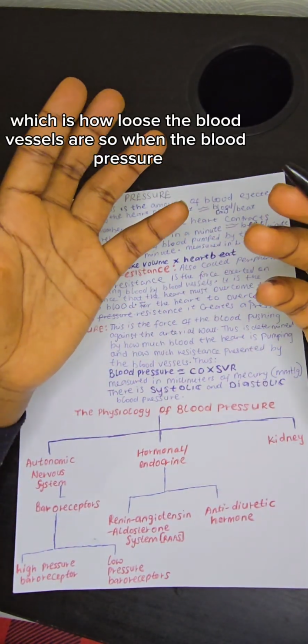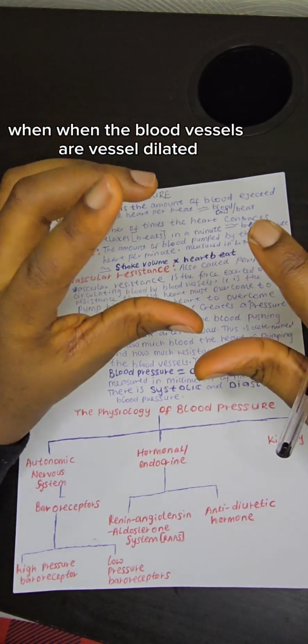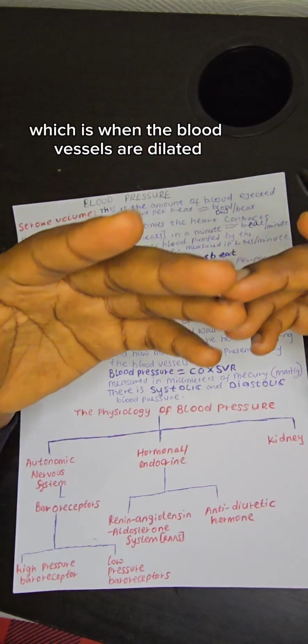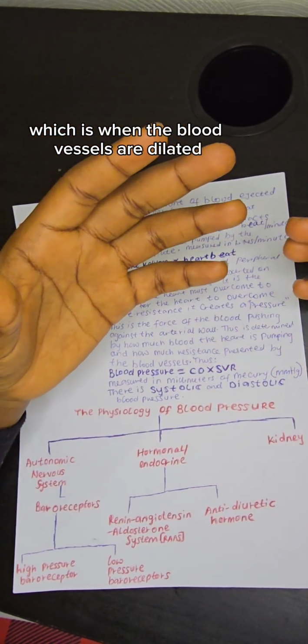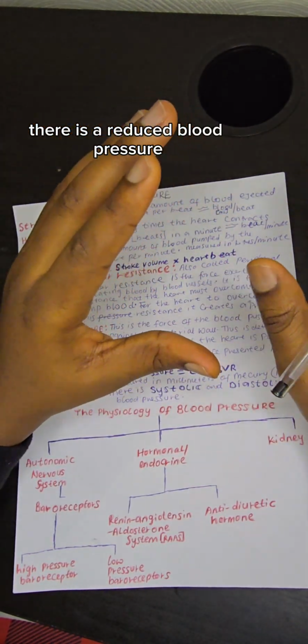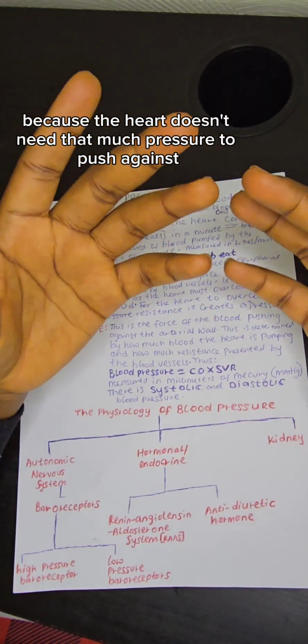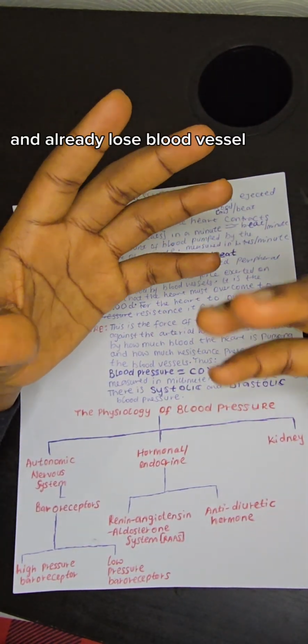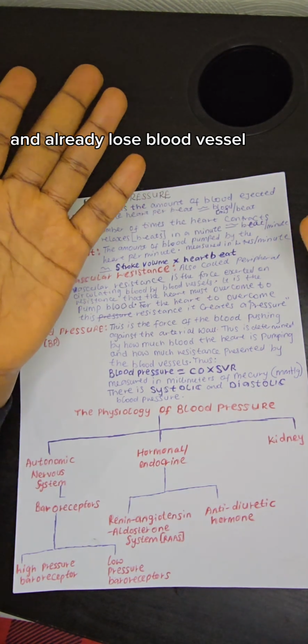So when there is vasodilation, which is when the blood vessels are dilated, there is a reduced blood pressure because the heart doesn't need that much pressure to push against an already loose blood vessel.